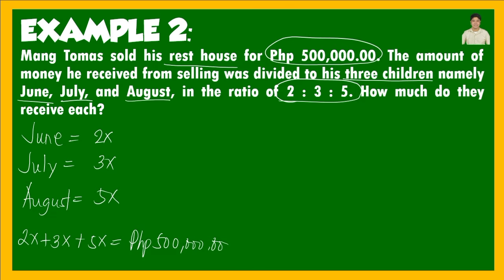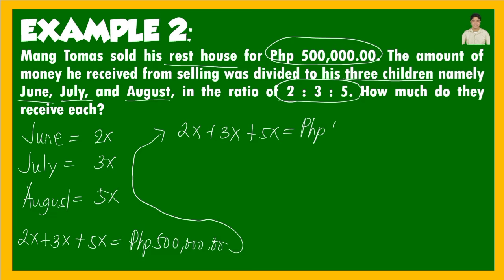Ayan. So, isulat ngayon natin yung ating solusyon. Rewrite lang natin, 2x plus 3x plus 5x equals 500,000 pesos. 2x plus 3x plus 5x, the answer is 10x equals 500,000 pesos.